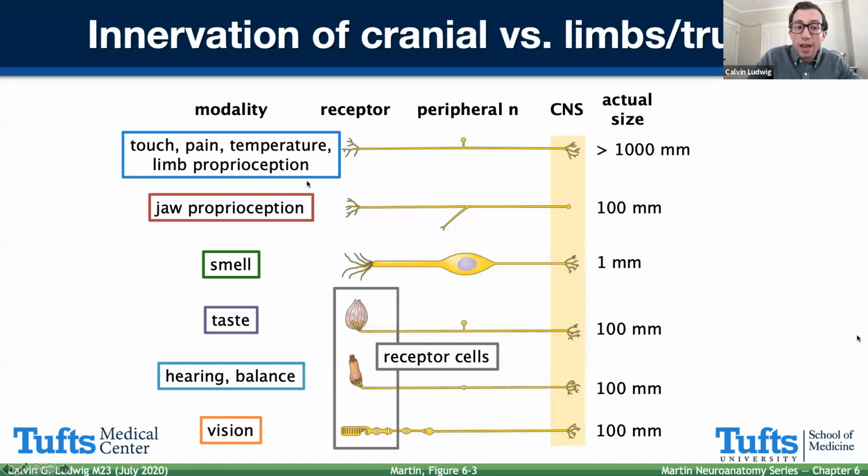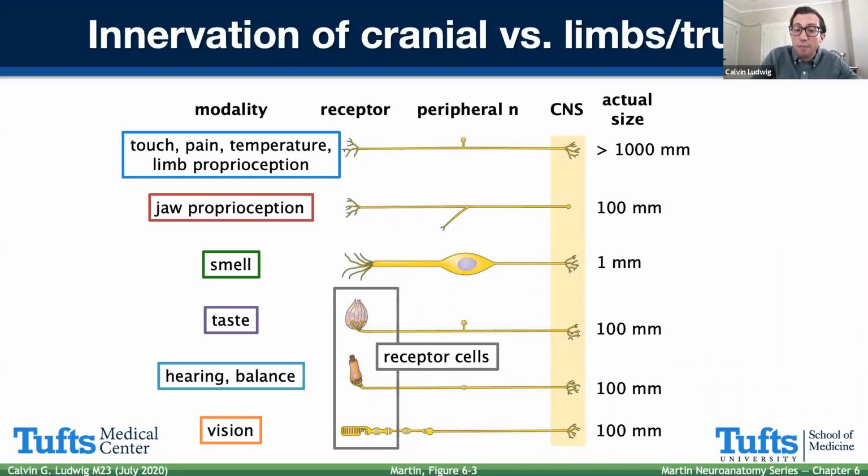Now the red box, jaw proprioception: there are stretch receptors in jaw muscles which signal jaw muscle length and thus mediate jaw proprioception. They're pseudo-unipolar primary sensory neurons, but their cell bodies are located within the central nervous system, not the peripheral ganglia.